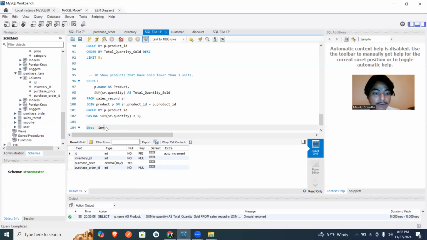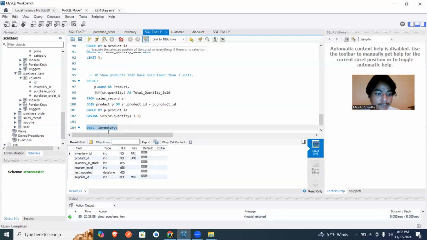Suppose for the inventory table, you can see that to maintain a one-to-one relationship, we have made product ID unique. What unique does is that the value present in that column should always be unique.